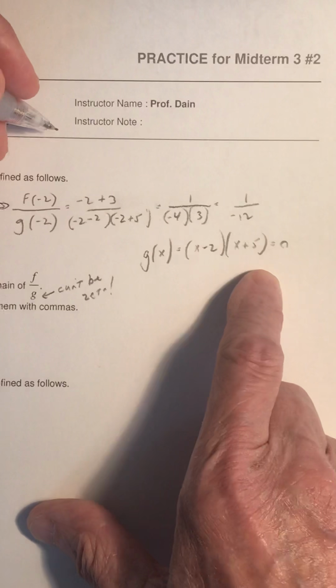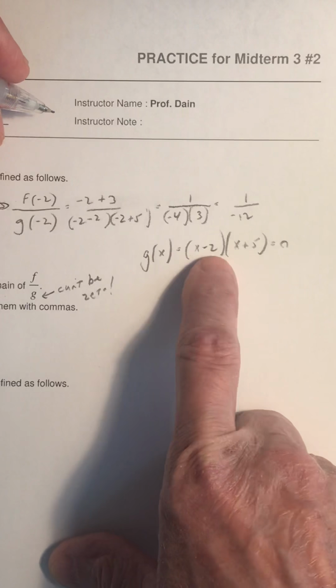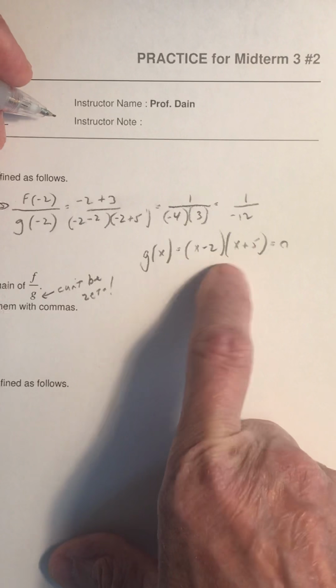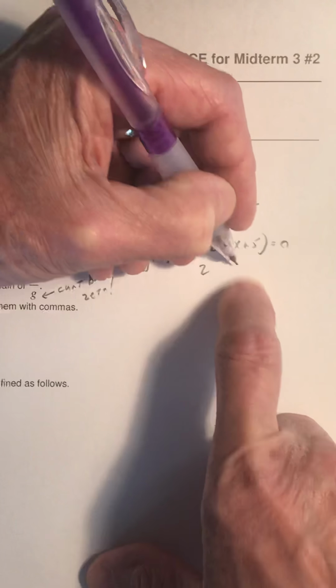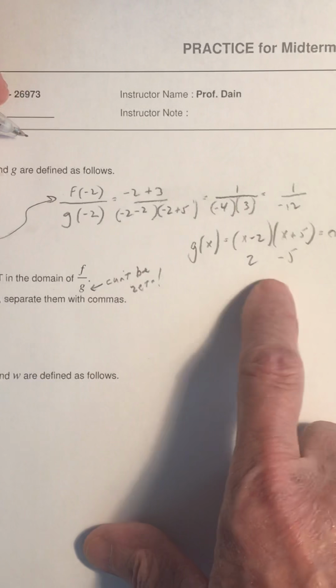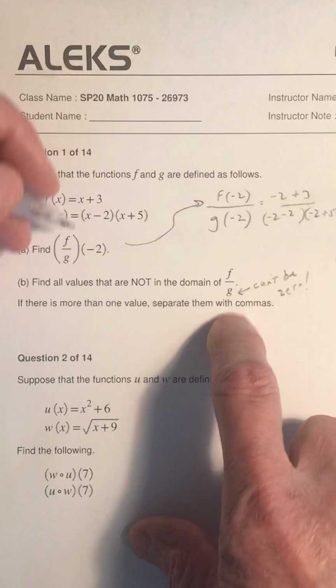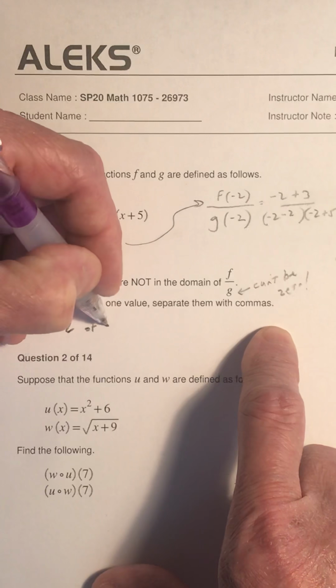Well, it's in factored form. Going back to your zero product rule, this expression will equal 0 when either this is 0 or when this is 0. This would be 0 when x equals 2. This would be 0 when x equals -5. So the two numbers we can't use for f divided by g would be 2 or -5.